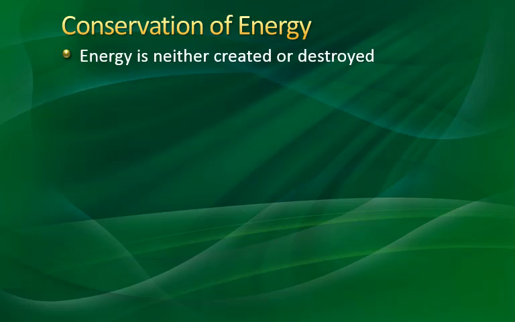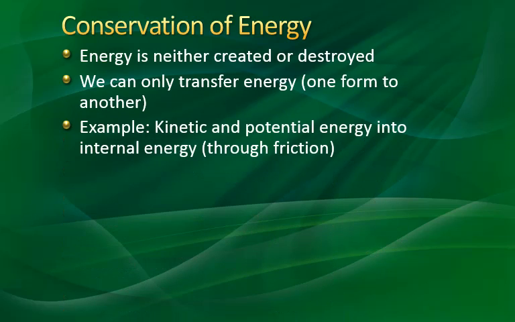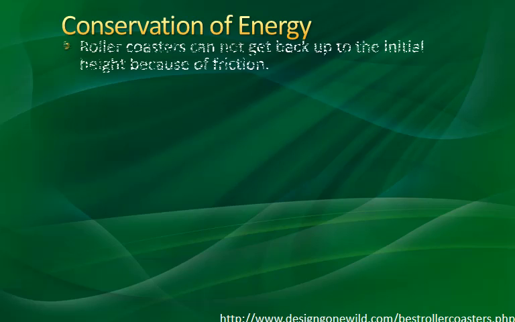And so we know that energy is neither created nor destroyed. Now, when we get into next year, we'll look at energy plus mass, because really you can't separate the two. We can only transfer energy from one form to another. So for instance, going from kinetic to potential energy, and then into internal energy through friction, right? As an example.